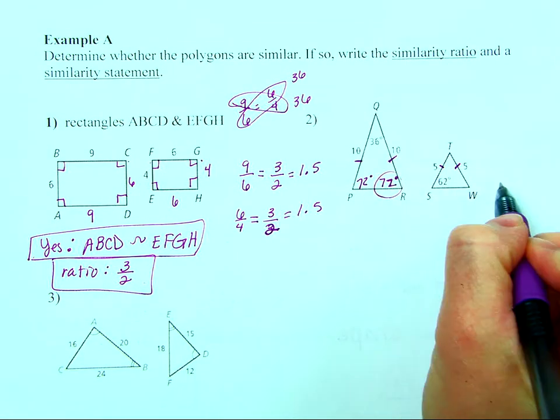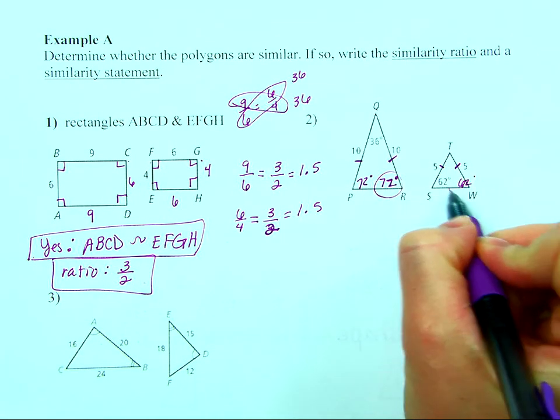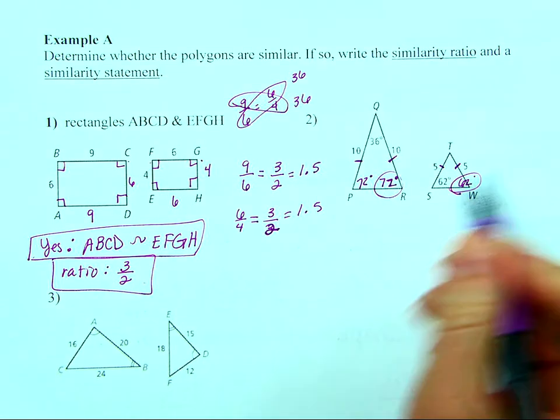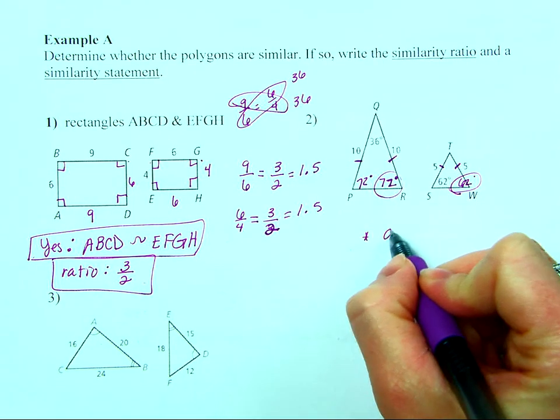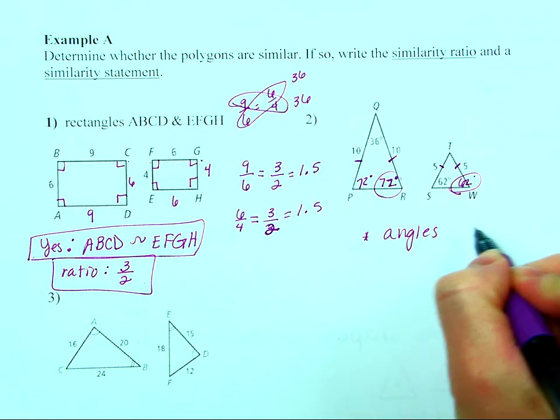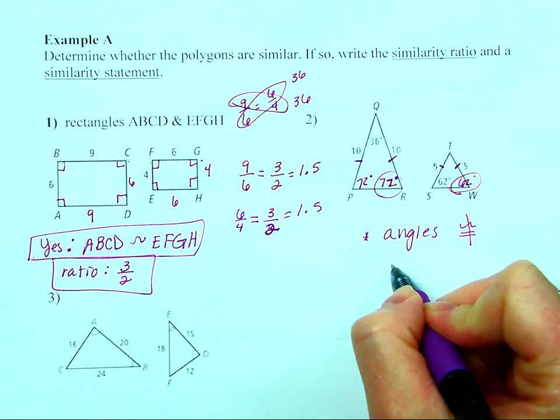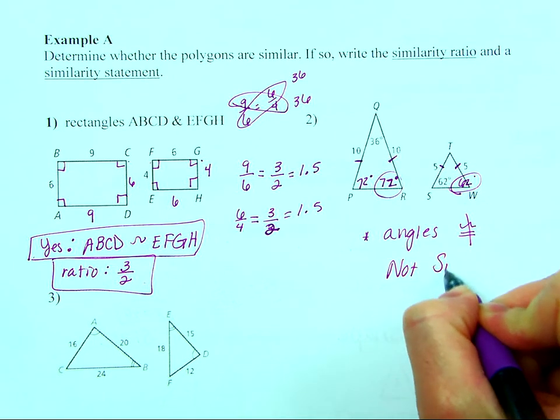Well, 72 degrees and 62 degrees is not equal. And so here, my angles are not congruent, and so I'm going to say these are not similar.